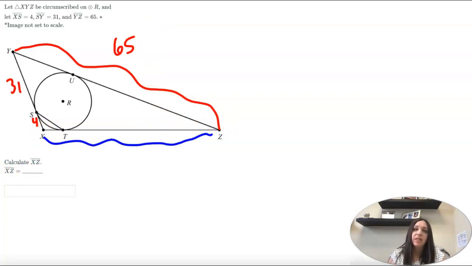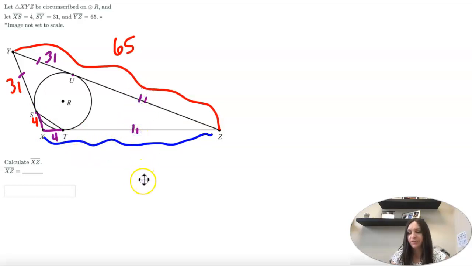So I'm going to fill in some other things we know. Because this is a circle inside a triangle, these lengths are the same. These two lines that come out from S and U, if that's 31, this is 31. If that's 4, this is 4. Guess what else is the same?